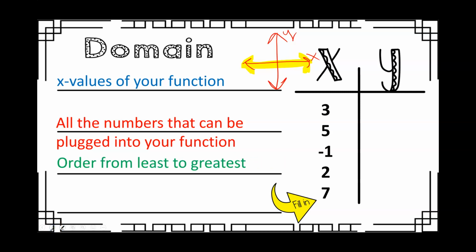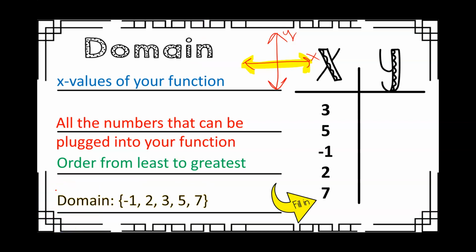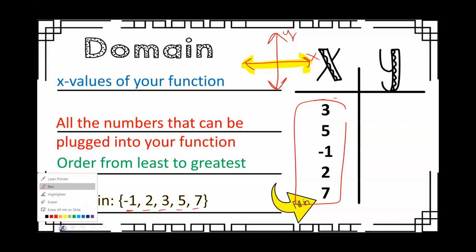So we order your domain from least to greatest. So if we were finding the domain of this relation right here, this is my domain, and it needs to be ordered from least to greatest. So it's -1, 2, 3, 5, and 7, okay?